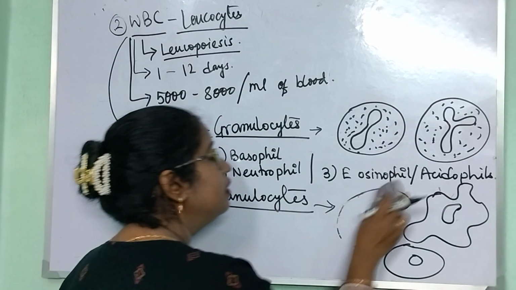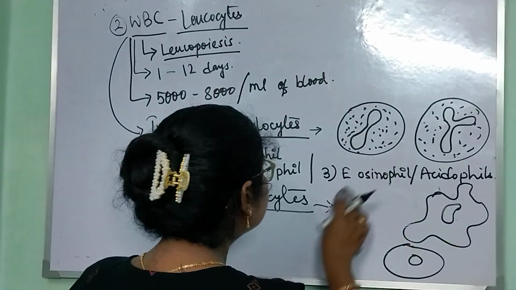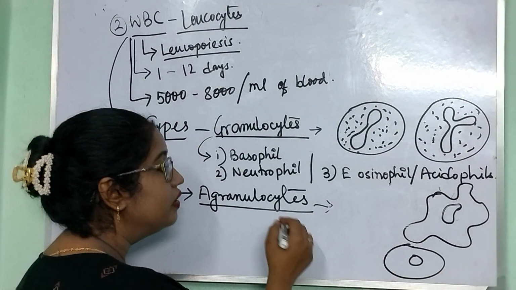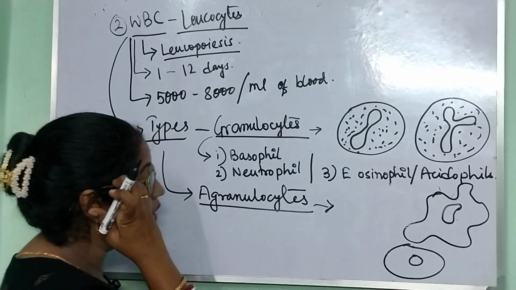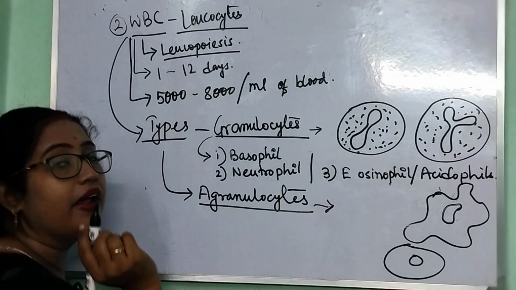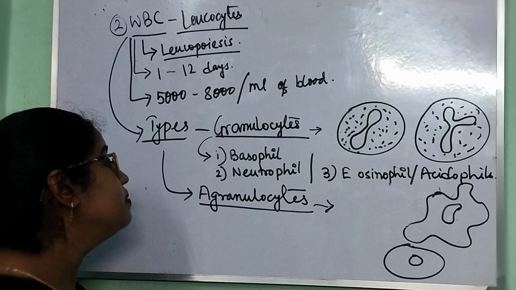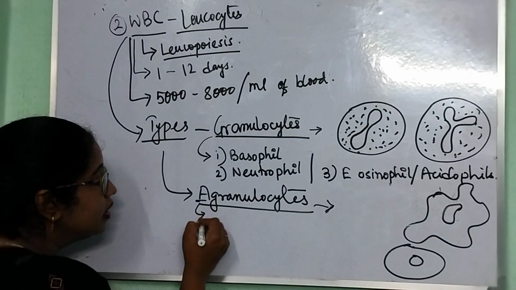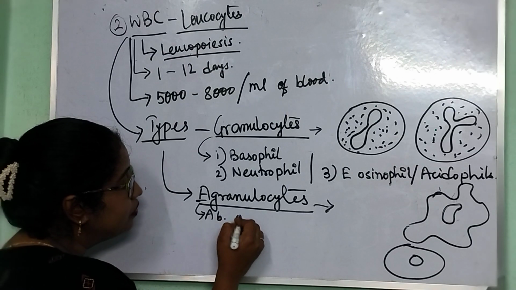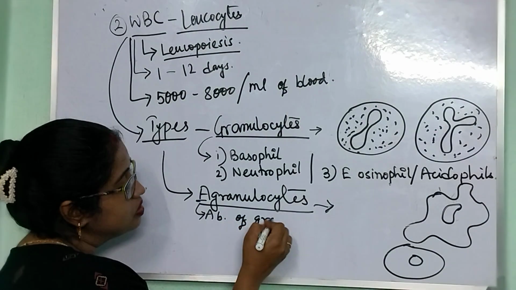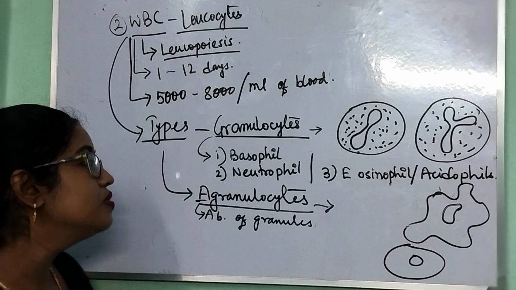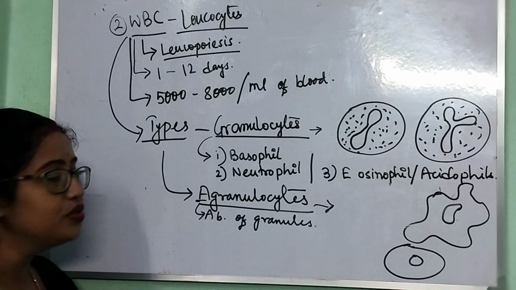Why agranulocyte? Because they don't have any granules in their cytoplasm. They are absent of granules in the cytoplasm, so they are known as agranulocytes.